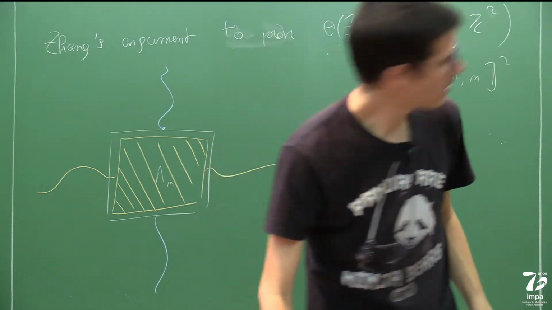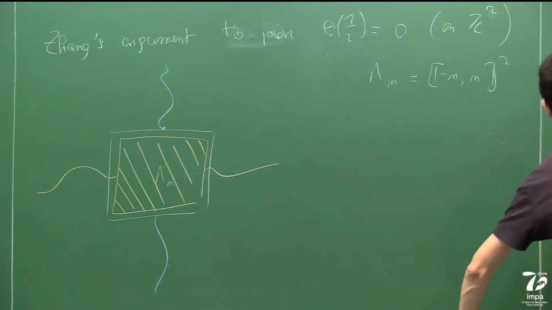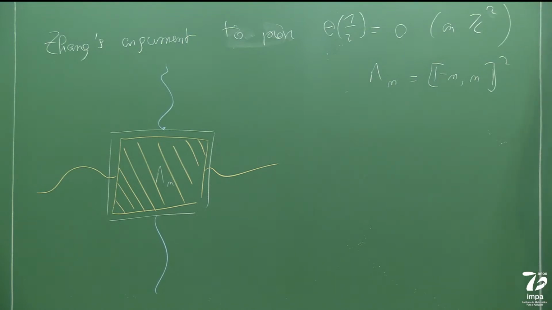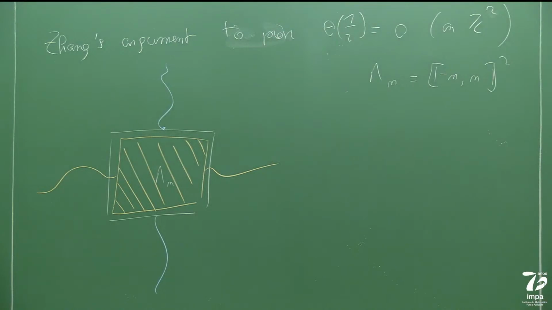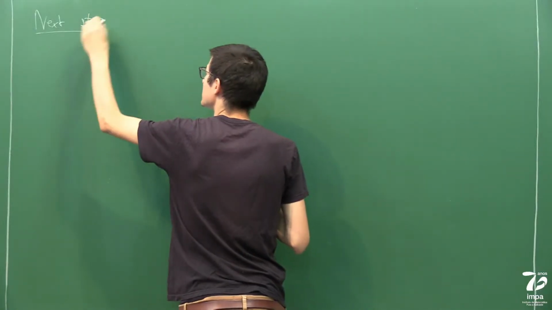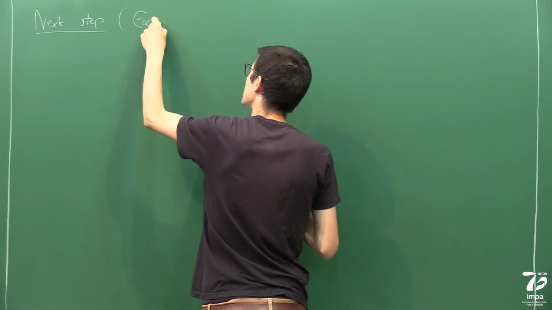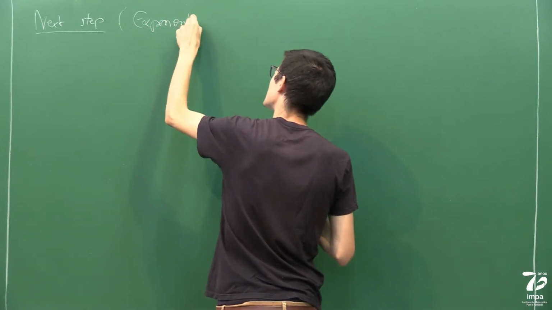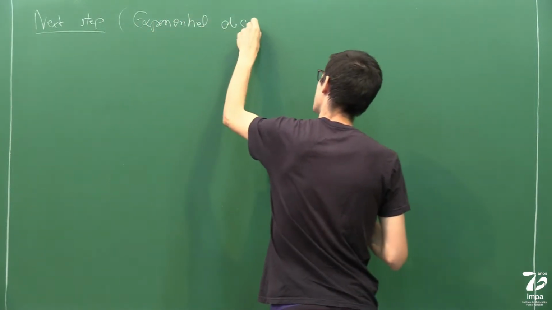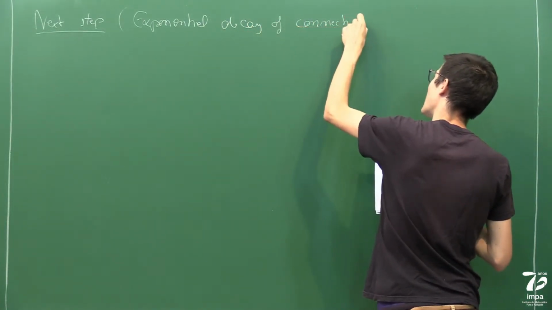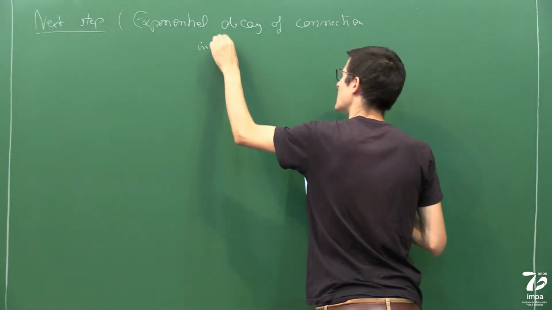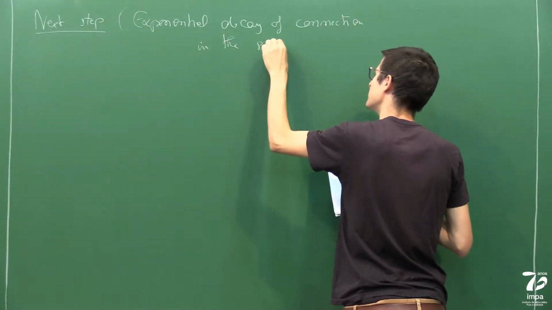Okay, so now what is the next step? We want to prove what is called exponential decay of connection in the subcritical regime.